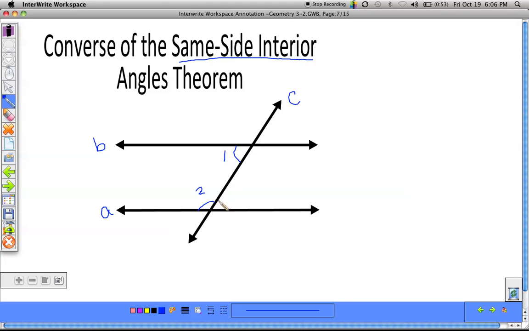So if you do forget, you can just look at the angles and it's pretty obvious that those aren't going to be congruent. And so this one says if angle 1 plus angle 2 equals 180 degrees, let's say, then A and B are parallel. So, same kind of ideas as we've been talking about before.